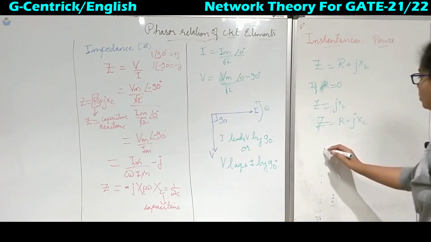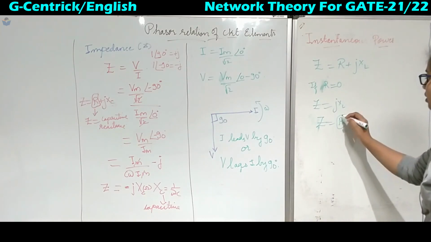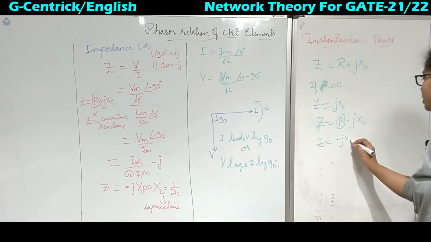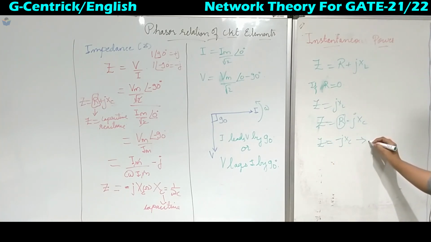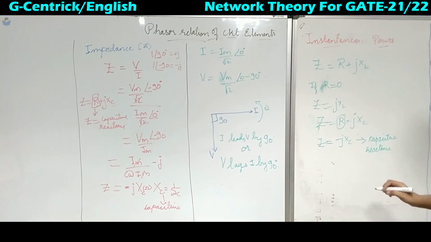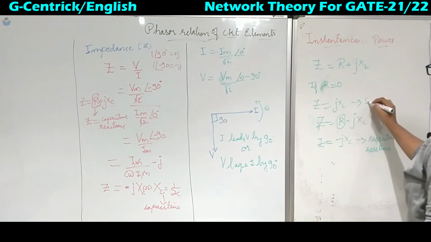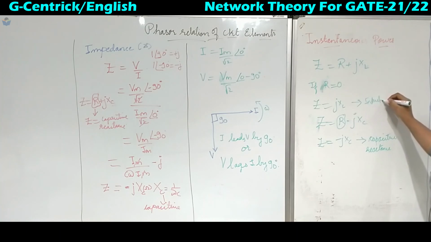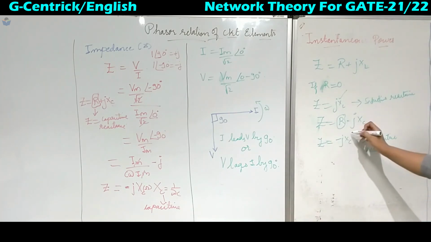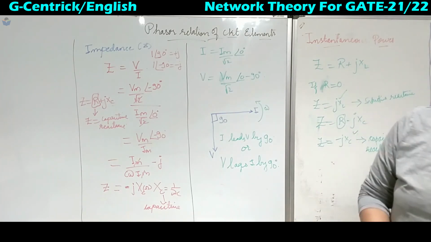When the real power is 0, what we will get is minus JXC, that is in the form of capacitive reactance, and here it is inductive reactance. So always, if it is plus J it will be inductive, and minus J it is capacitive.